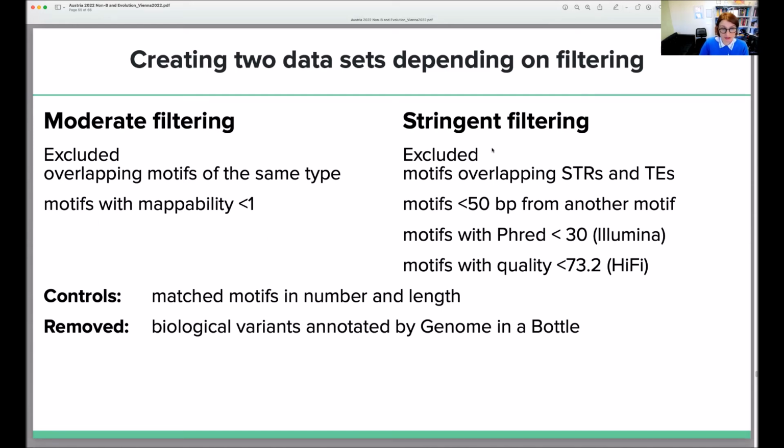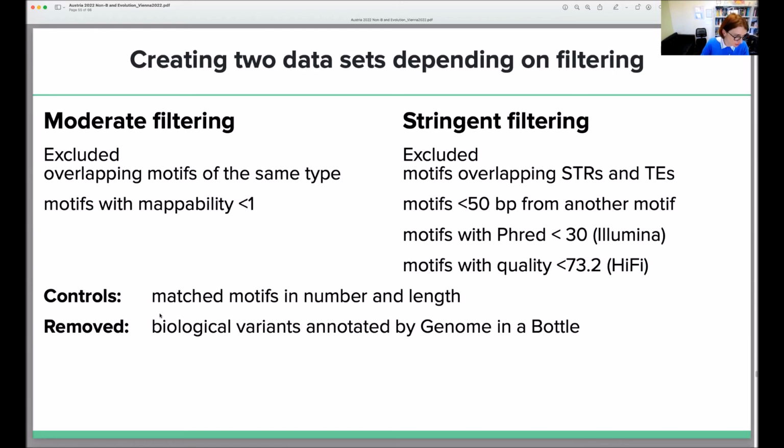But then we also had a data set with a stringent filtering, in which we excluded motifs overlapping with microsatellites, transposable elements, and also we filtered for quality. So moderate filtering includes all of these repeats, which frequently form non-B DNA. Stringent filtering is the data set which is much smaller, but it's much more accurate.